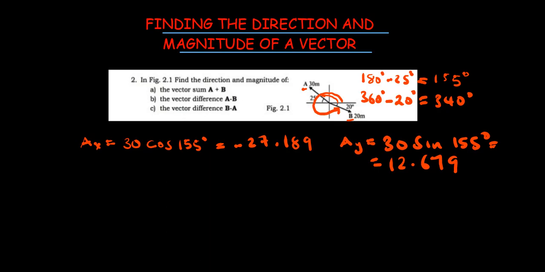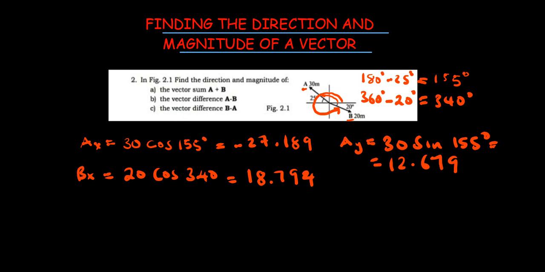I find the x component. B_x is going to be equal to 20, being my magnitude, times cos 340. When I punch 20 cos 340 into my calculator, I get 18.794, rounded to 3 decimal places.